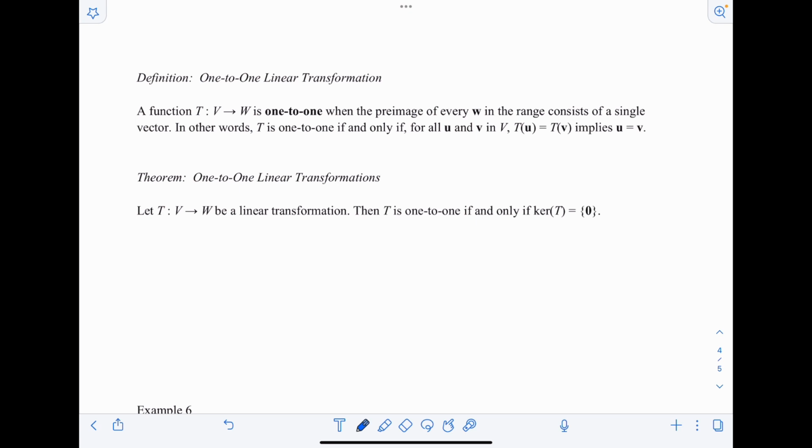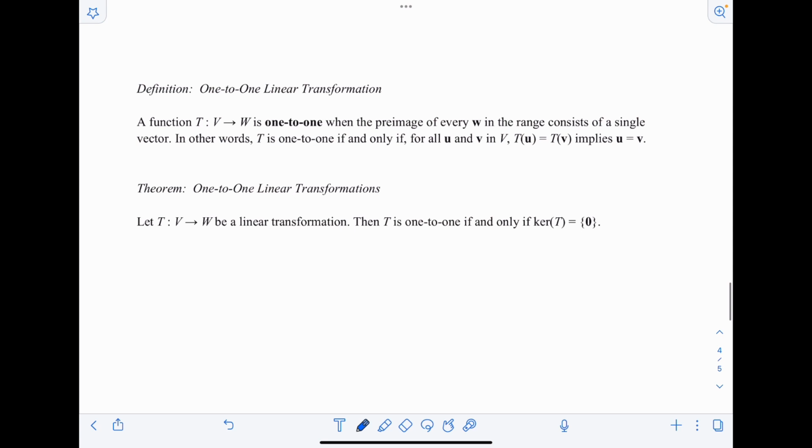of a single vector. In other words, T is one-to-one if and only if for all u and v in V, the transformation of u equals the transformation of v only if u equals v. So let me do this. If you remember in functions, let's go back even a step further.